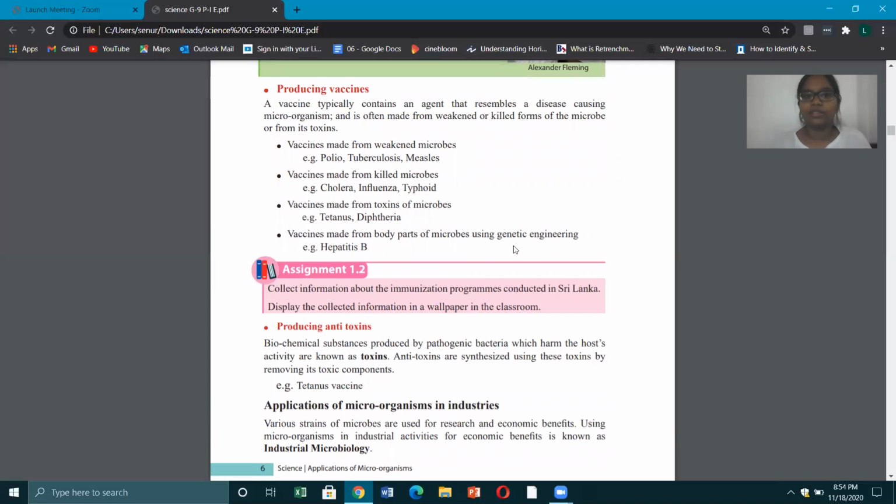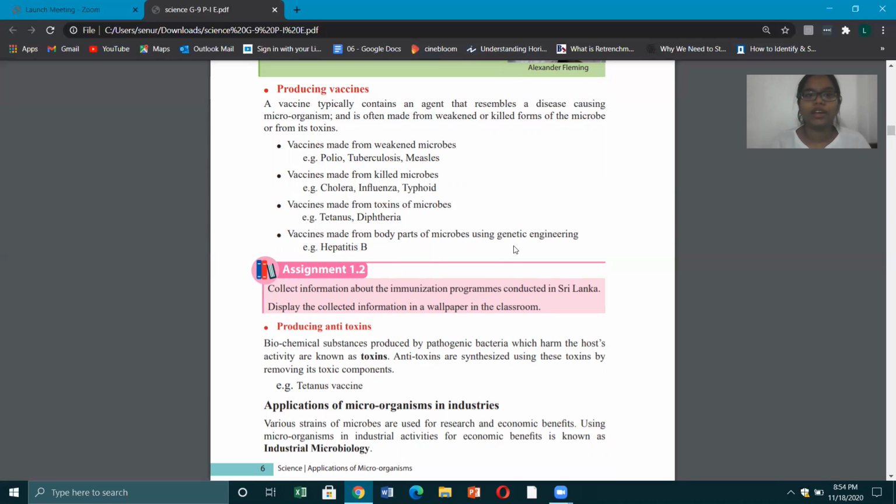And the other one is producing vaccines. You know what vaccines are, right? They are injections. Even we get vaccines for certain diseases from a very small age.